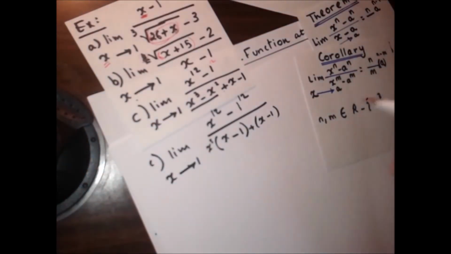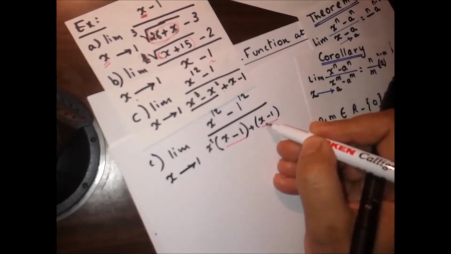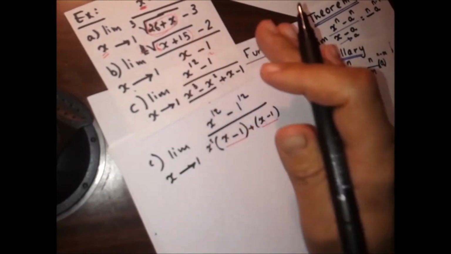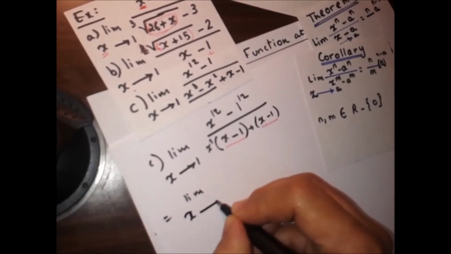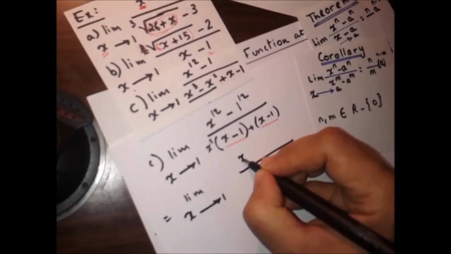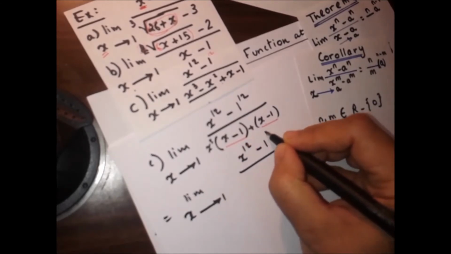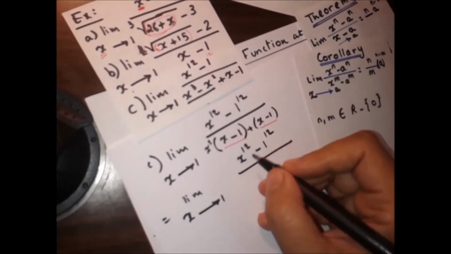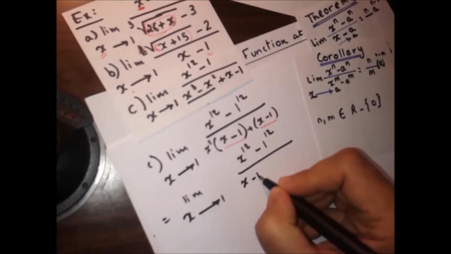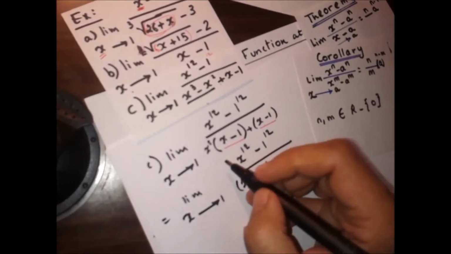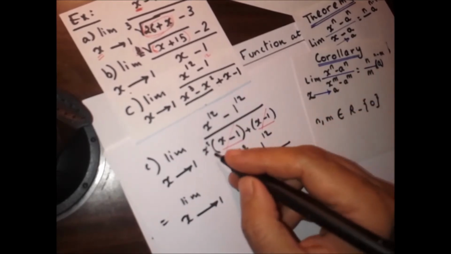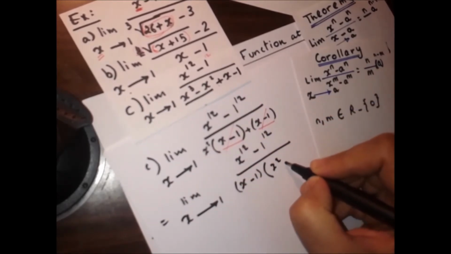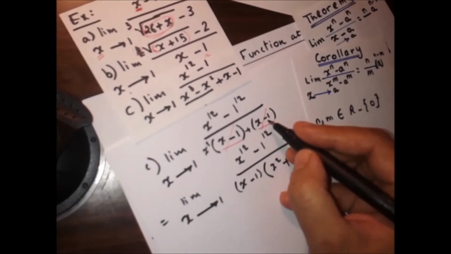So we have here another common factor, so x minus 1 can be taken out as a common factor. So this is equal to limit as x tends to 1 of, keep the numerator as it is, and down take out x minus 1 as a common factor, and now cancel x minus 1 from each term, so here we have x squared, and here we have plus 1.